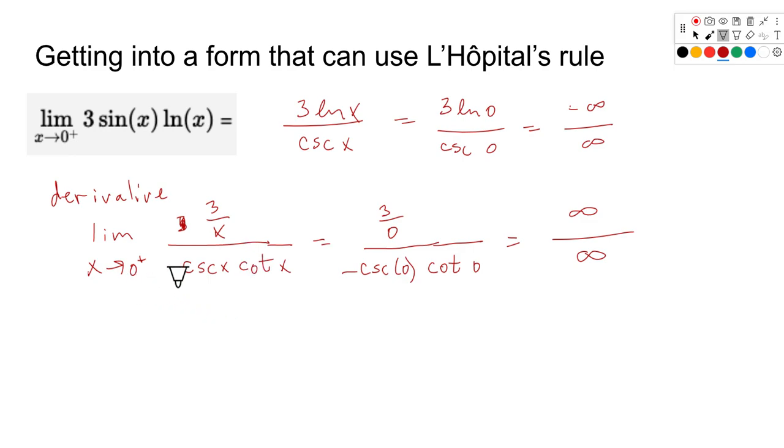So every time we plug in 0 here, this is going to go off to infinity. And down here, each time we take a derivative of cosecant, we get cosecant tangent. It's sort of a circular thing, and we know that when that goes to 0, that's going to infinity.